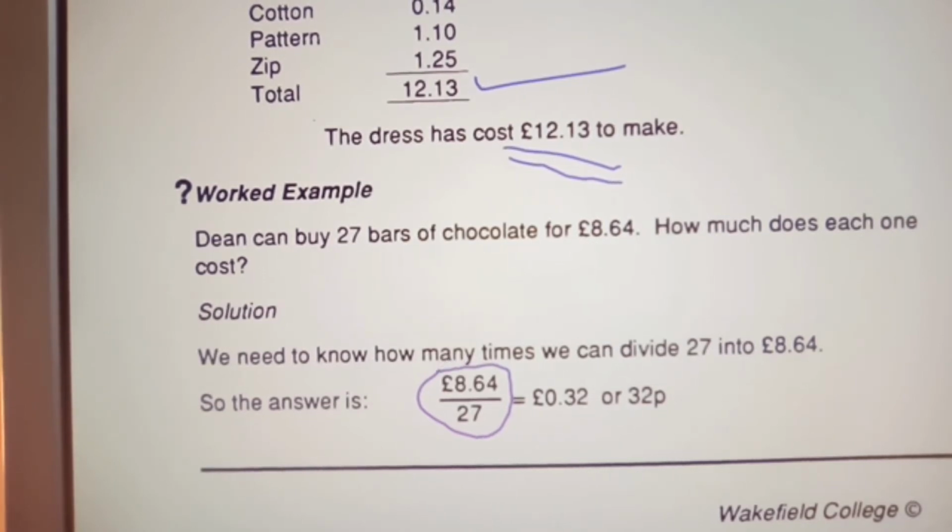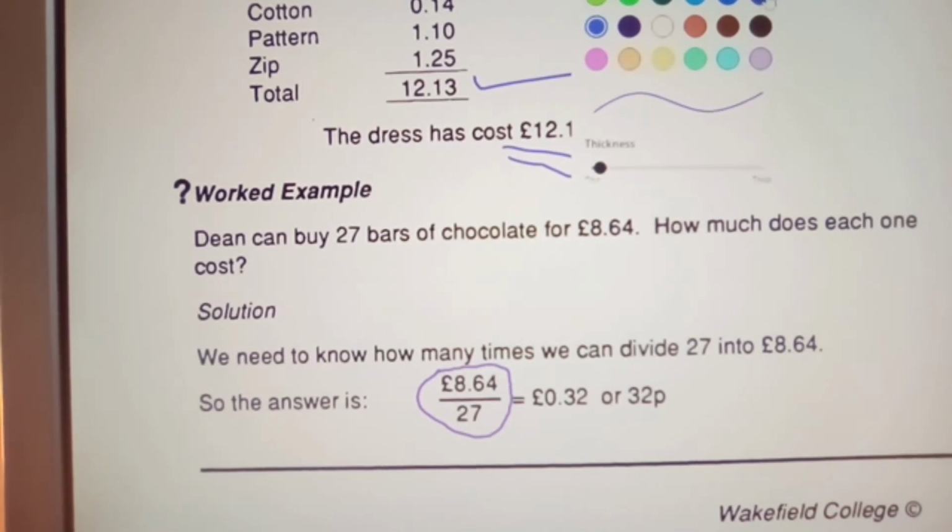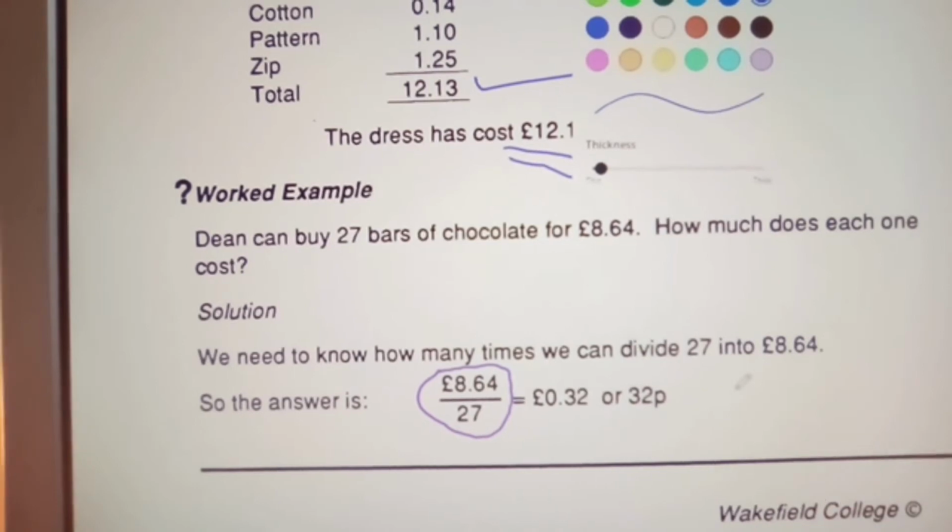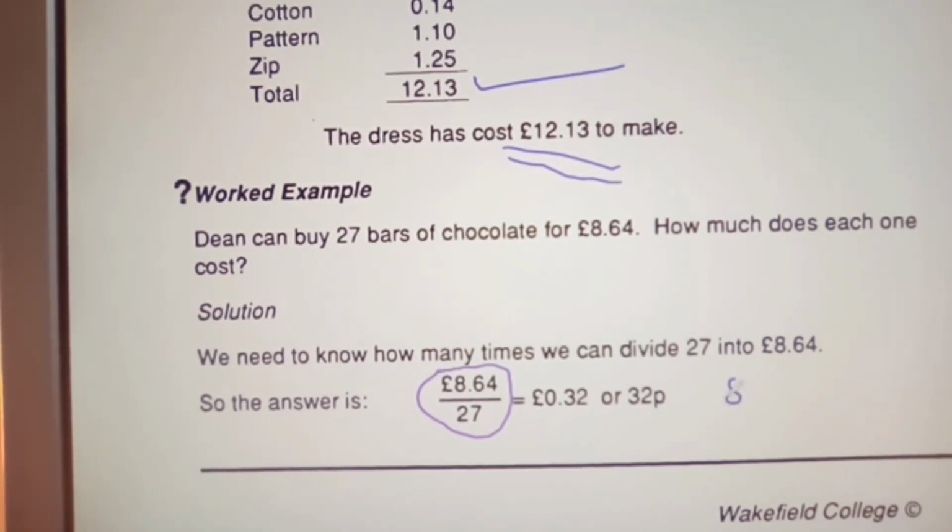This would become this. So it will be 864 over 27.